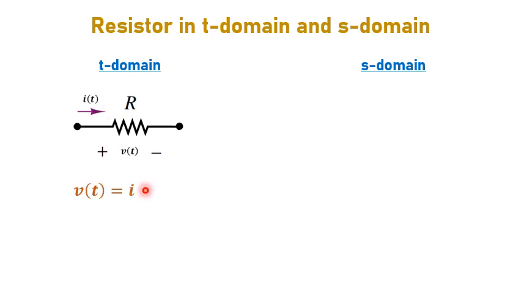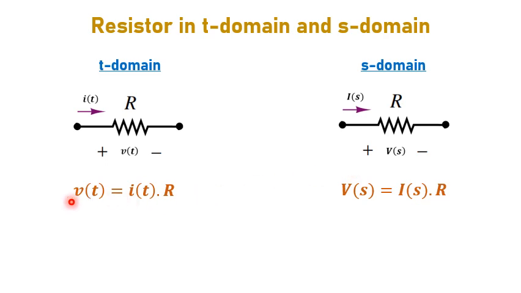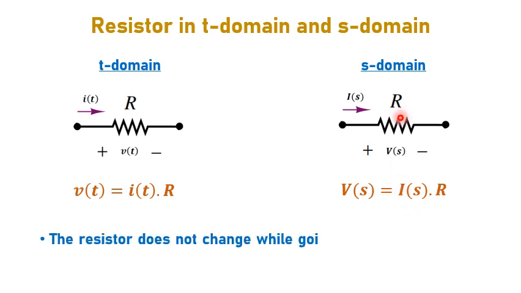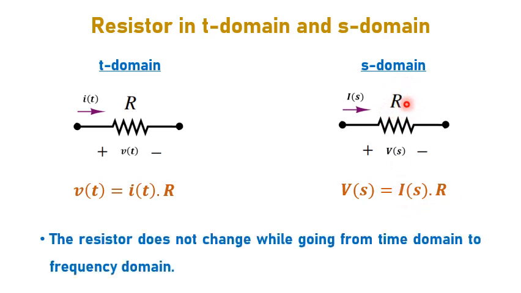So as per Ohm's law, V of t equal to I of t into R. Now if you represent this resistor in S domain, it is I of S and V of S. This equation becomes V of S is equal to I of S into R. Here you can see there is no change in resistance when you convert the time domain into S domain.